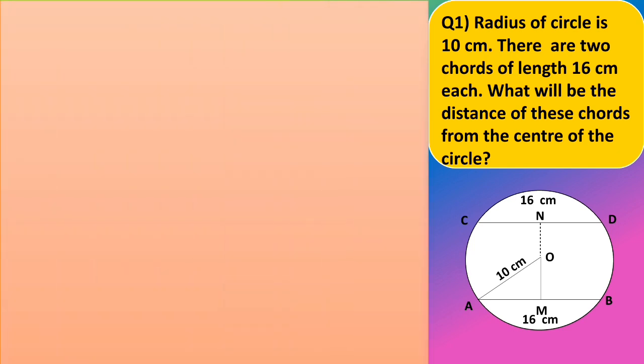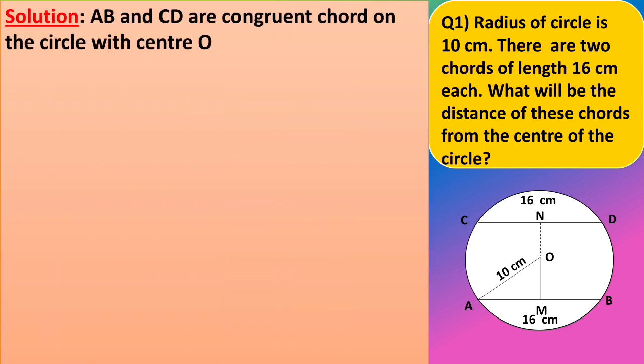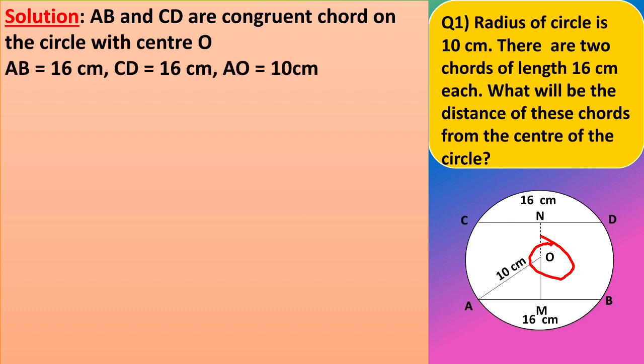So children, the solution: AB and CD are the congruent chords on the circle with the center O. Here AB is 16 cm and CD is also 16 cm, and AO is the radius of the circle, which is 10 cm.